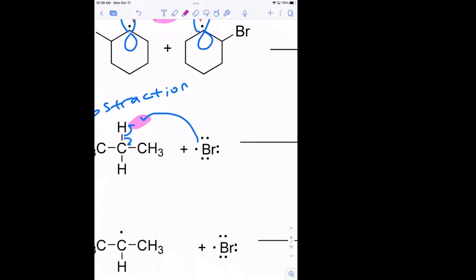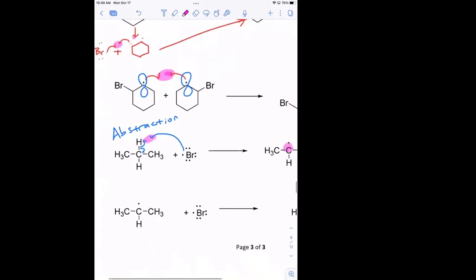It seems like there's like 10 more steps. Yep. Because you're moving the electron individually, so there are more steps. You're right. But it's the same outcome. This is abstraction. This happens in every radical chain reaction, in the middle step, which is propagation.